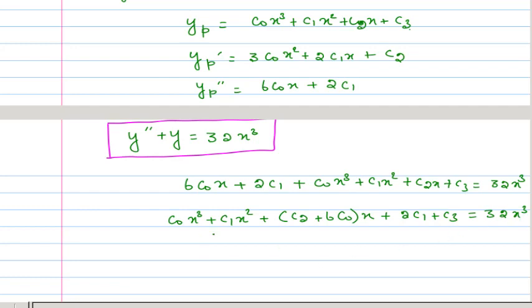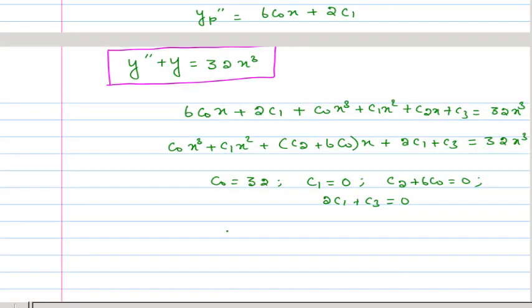Comparing the coefficients, c0 equals 32, c1 is 0, c2 plus 6 times c0 equals 0, and 2 times c1 plus c3 equals 0. Then c2 equals minus 6 times 32, which is minus 192. From c1 equal to 0, this implies c3 is 0.